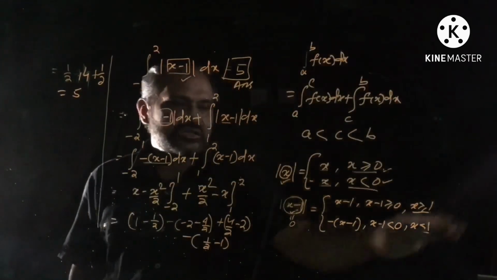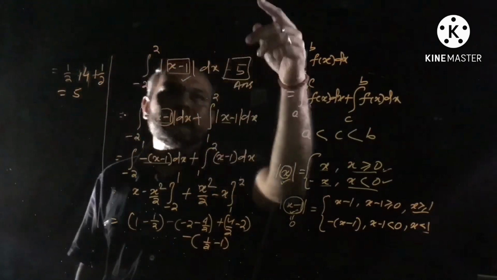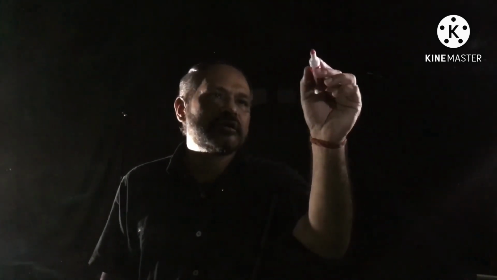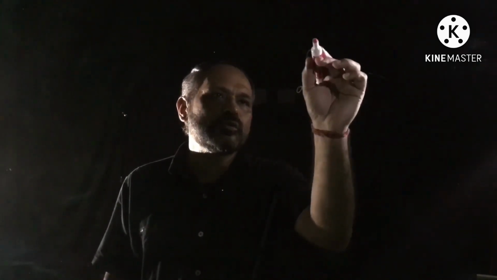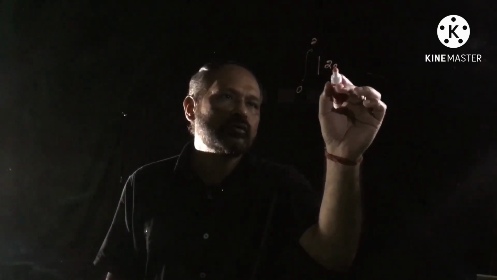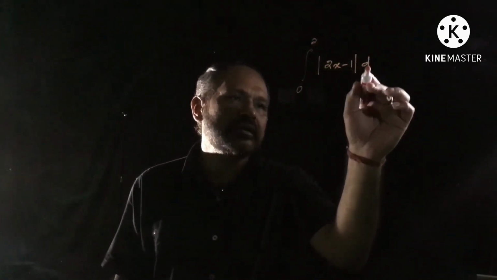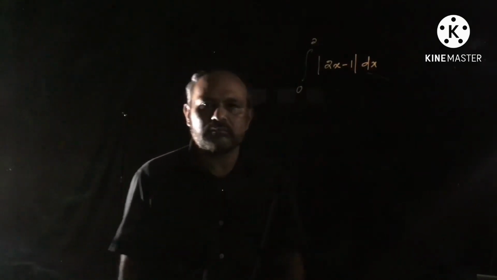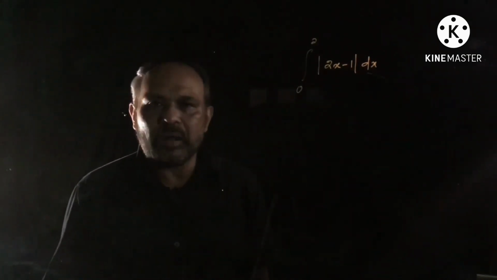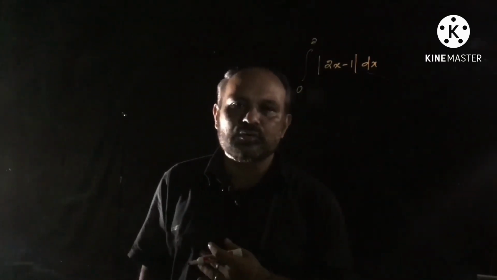Now we solve another problem. The question is: evaluate integral from 0 to 2 of mod of 2x minus 1 dx. First we have to find the point where we break the interval 0 to 2.